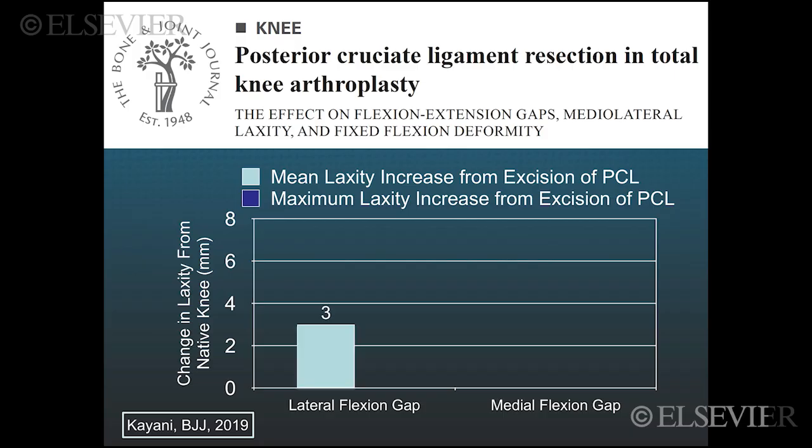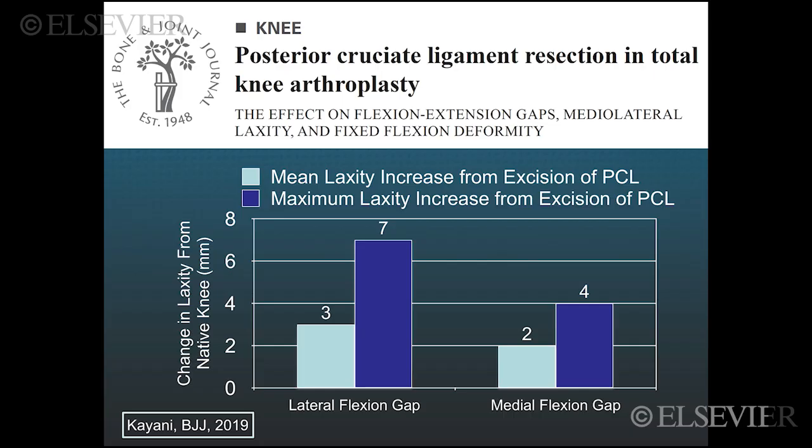You can see that the mean laxity increase in the lateral flexion gap is about 3 millimeters, but the maximum can be as much as 7. And the mean increase in the medial flexion gap is 2 millimeters, and it goes up to 4 on the medial side. So the lateral side certainly opens more than the medial side, but the amount of laxity increase can be quite large, up to 7 laterally and 4 medially.